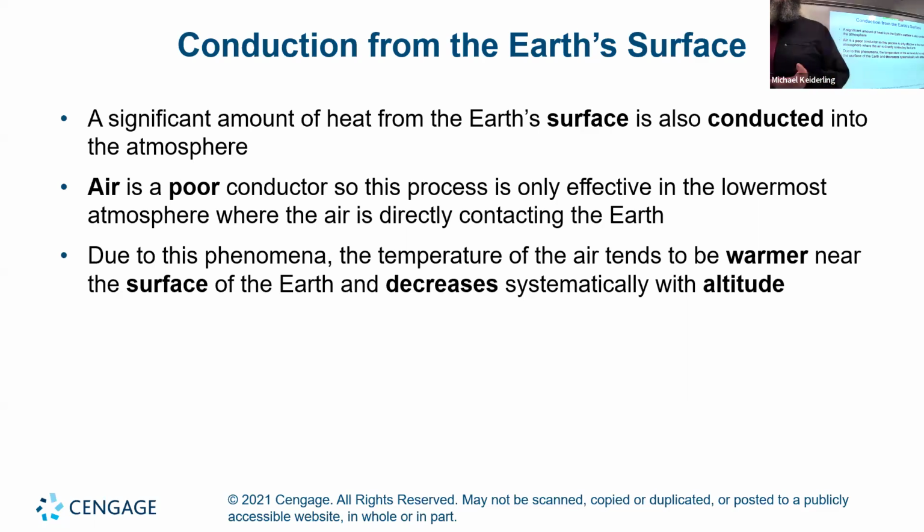And due to this phenomenon, the temperature of the air tends to be warmer near the surface of the Earth and decreases systematically with altitude. So all of these, the release of radiation and the direct heating from the surface of the Earth, warm the atmosphere from the bottom.